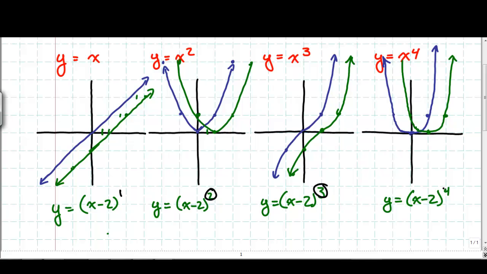Well, if the function has a root with a multiplicity of 1, that function crosses the x-axis at 2. The sign of the function goes from negative to positive. Whatever the y value is here is negative, and then when we go past that root, the sign of the function changes when we cross the x-axis.